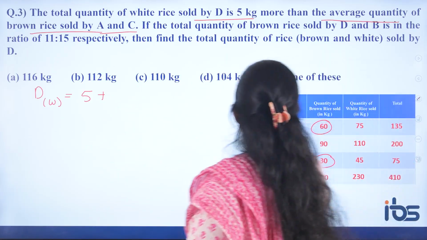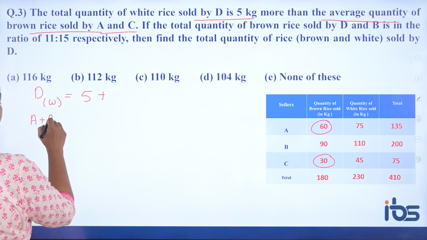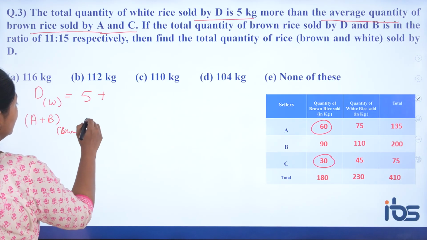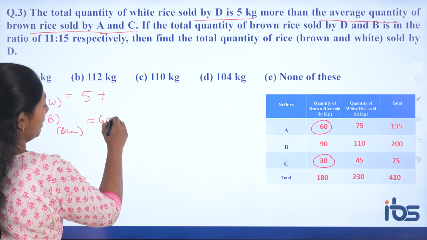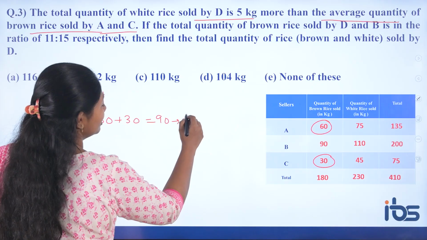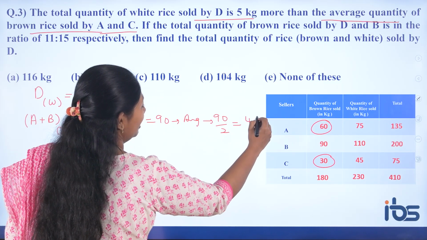So brown rice sold by A and B. A plus B's brown rice total is nothing but 60 plus 30, that is 90. So the average is 90 by 2, that is going to be 45.